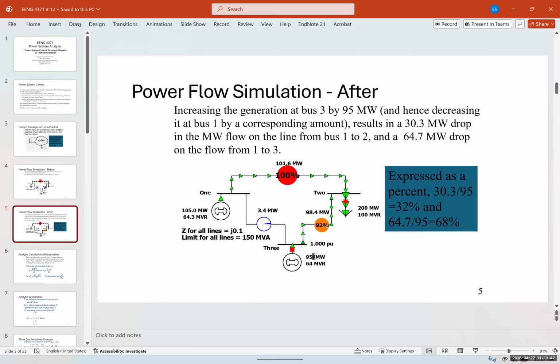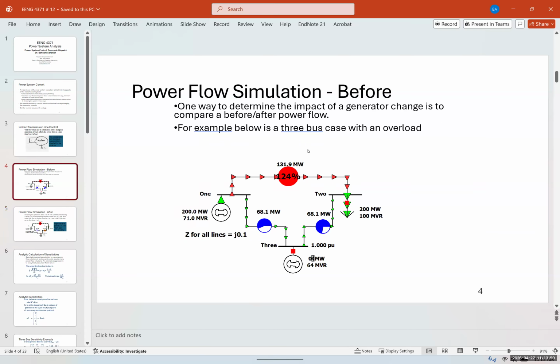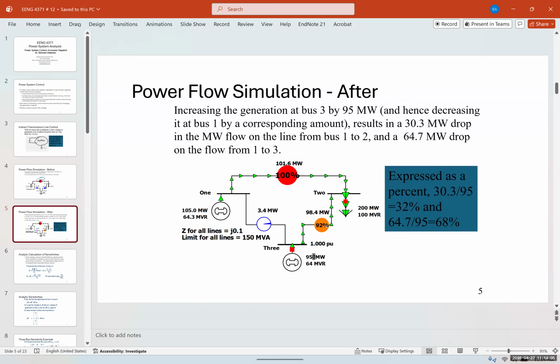Now we look at what happened to the line flows. The flow on the line from bus 1 to bus 2 went from 131.9 megawatts to 101.6 megawatts. So how much did it decrease? By 30.3 megawatts.